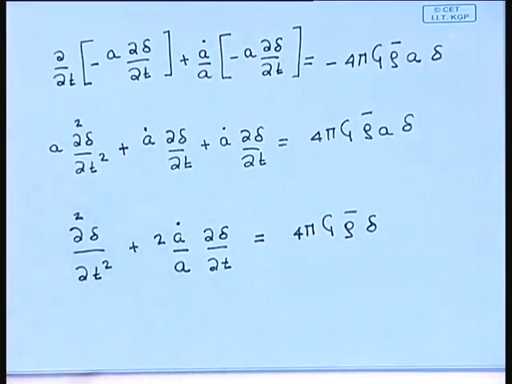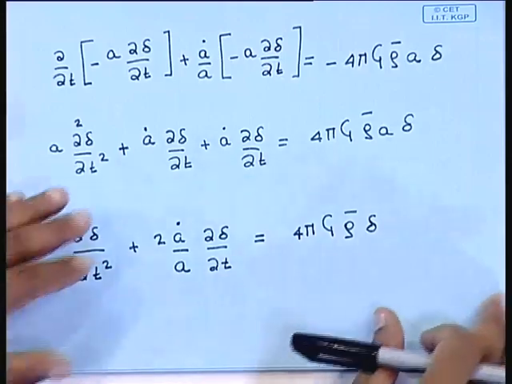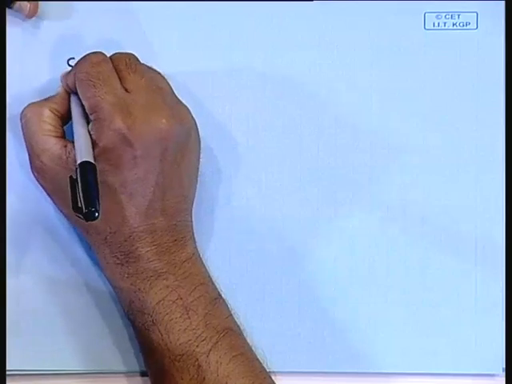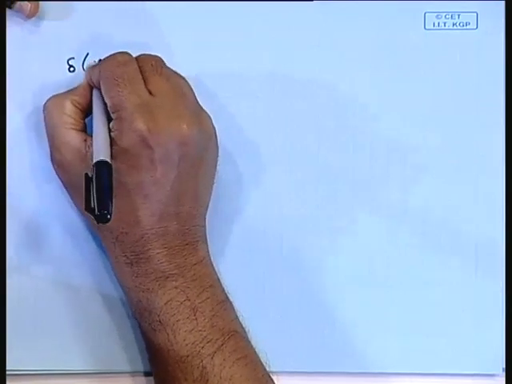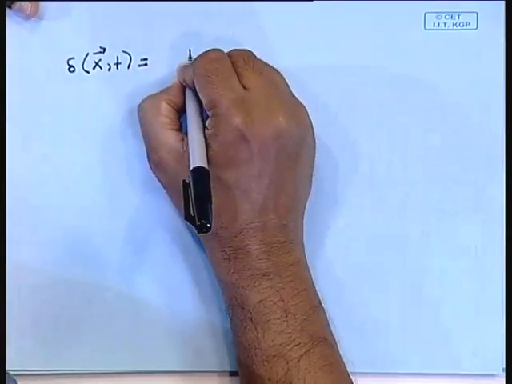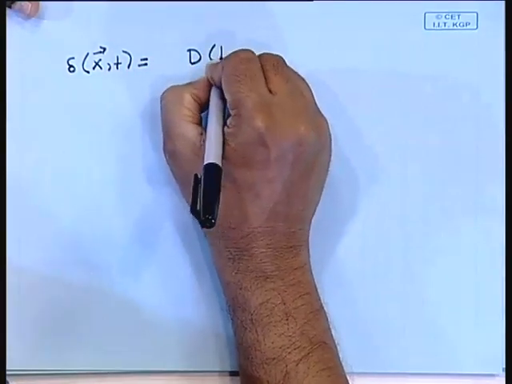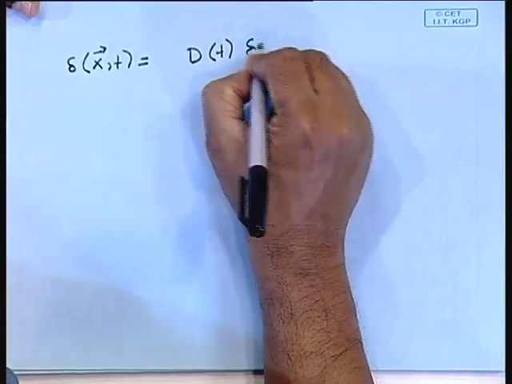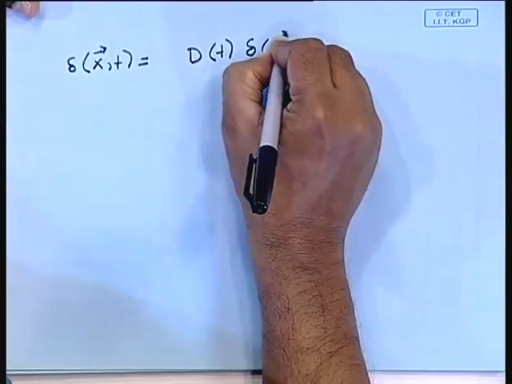Now the question is, how do we solve this equation? The first thing that you can do is take a trial solution, delta of x and t is D of t into delta of x.